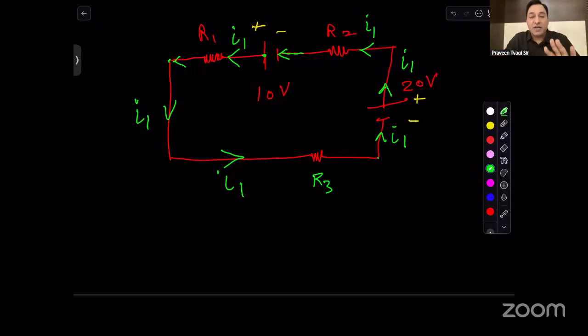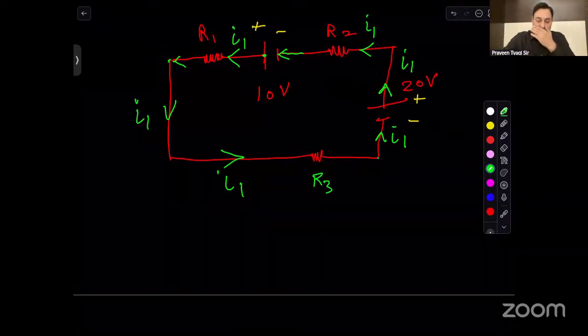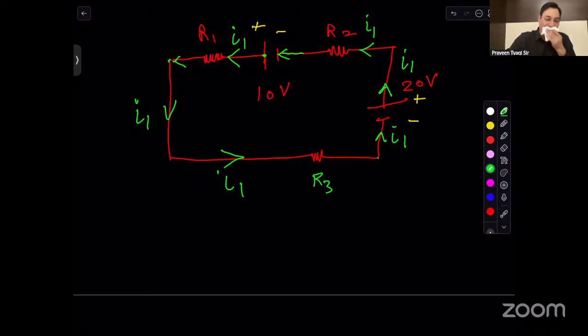Law of conservation of charge says charge can neither be created nor destroyed. Therefore, any amount of current that enters a battery should leave the battery. You can see that happened here also.